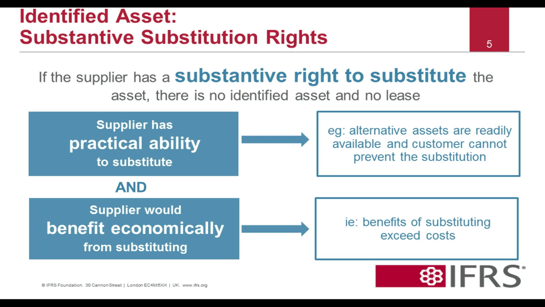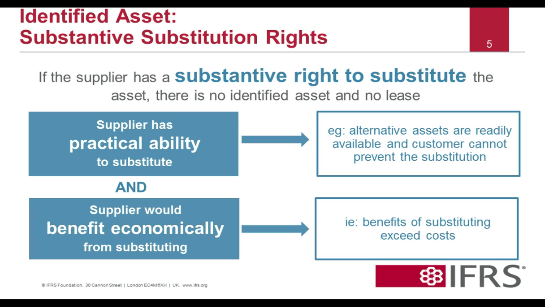And what would be an example of a substitution right that would be substantive? Something that would mean that there's no identified asset. So a substantive substitution right would be one where there is a clear reason for the supplier to substitute. You would expect the supplier to substitute because it's going to benefit economically from that substitution. Where a substantive substitution right exists, we think it will be pretty clear.